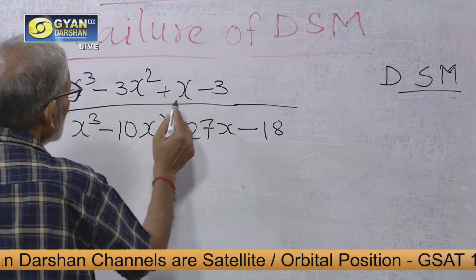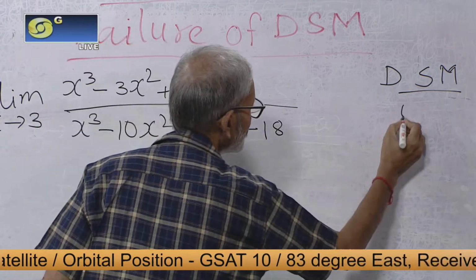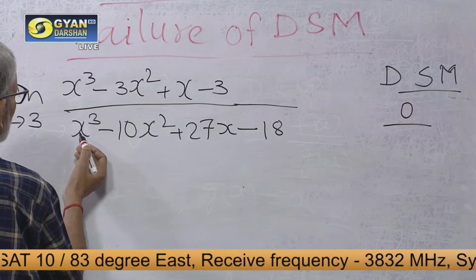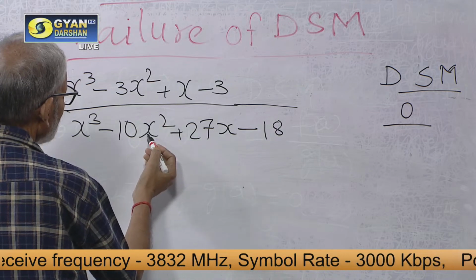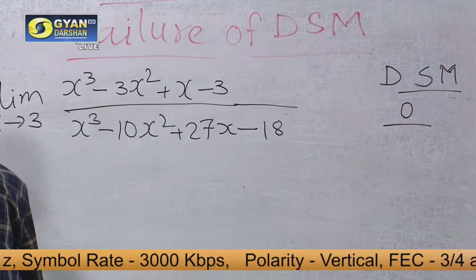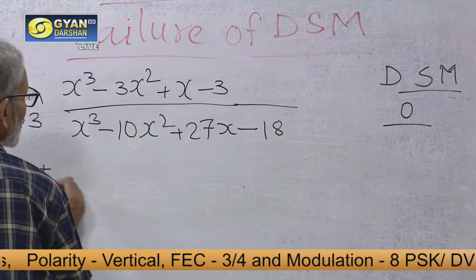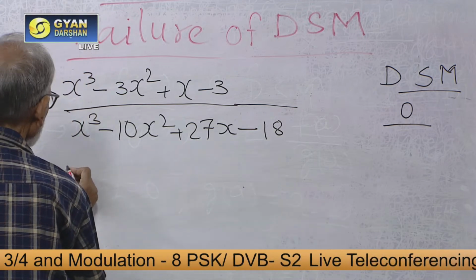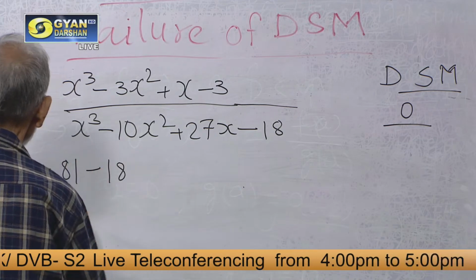So, it will cancel out, and 3 minus 3. So, it will become 0. And what about the denominator? This becomes 27 minus 9 into 10, 90. So, 27 minus 90 plus 27 plus 3 into 27, 81 minus 18.